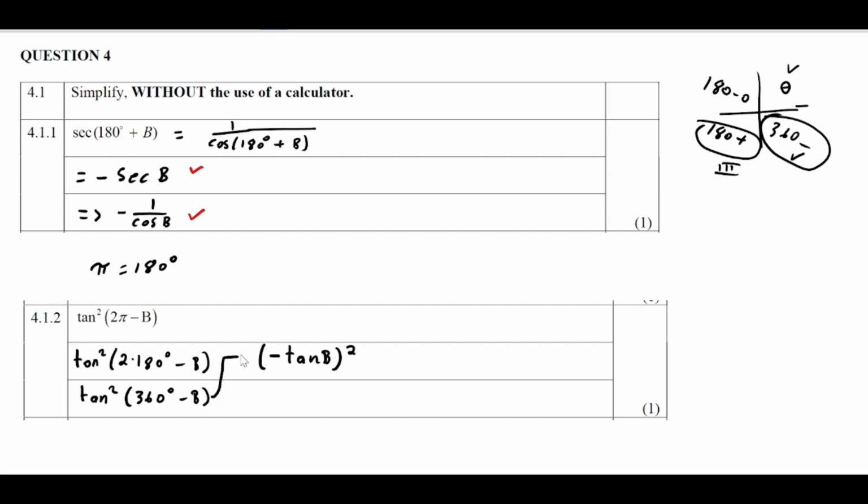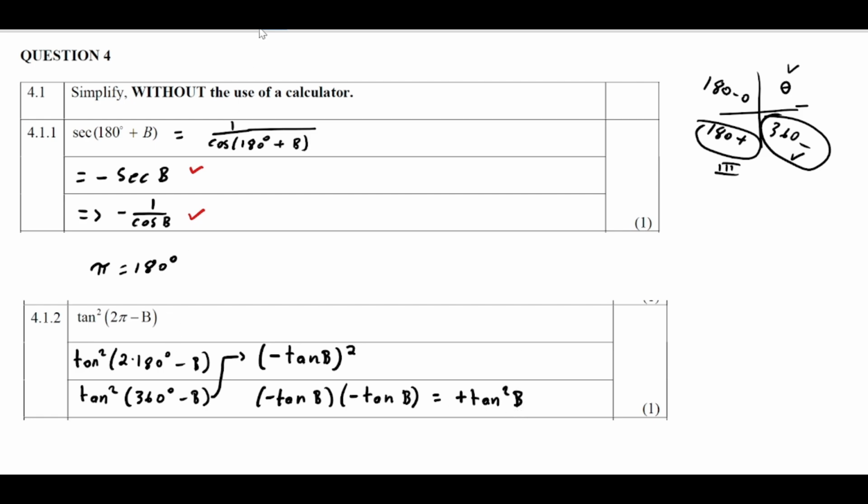Now, because it is squared, this is like having negative tangent of b multiplied by another negative tangent of b. I know it's 1 mark. We're building something here. So negative and negative, they multiply each other and give you something that is positive. So this becomes positive tan squared of b.